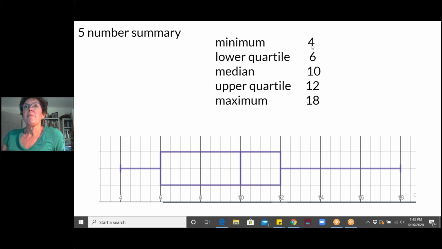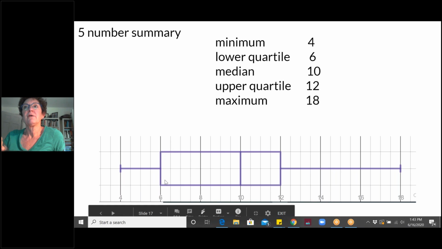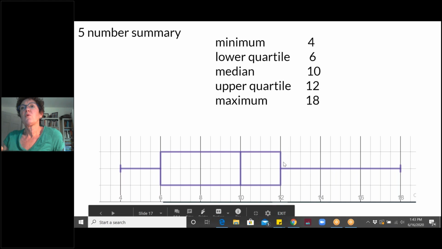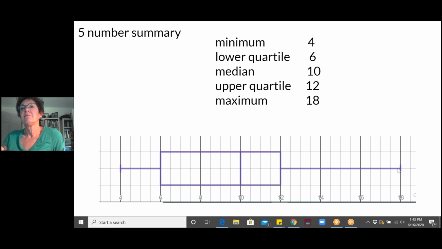So here's my minimum. That's 4. There's that point. My lower quartile is 6, so I put a line here for my lower quartile. My median is 10, line here for the median. My upper quartile is 12, line for the upper quartile, and the maximum is 18.